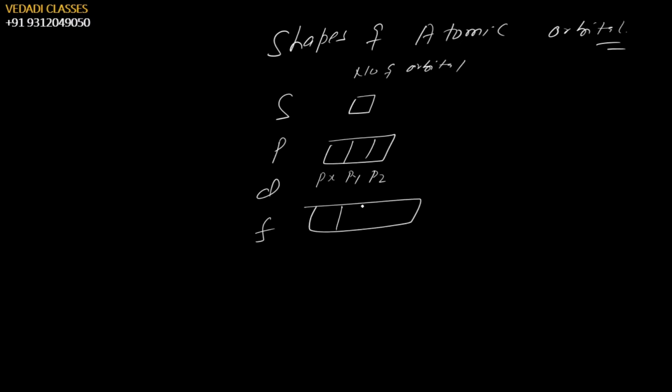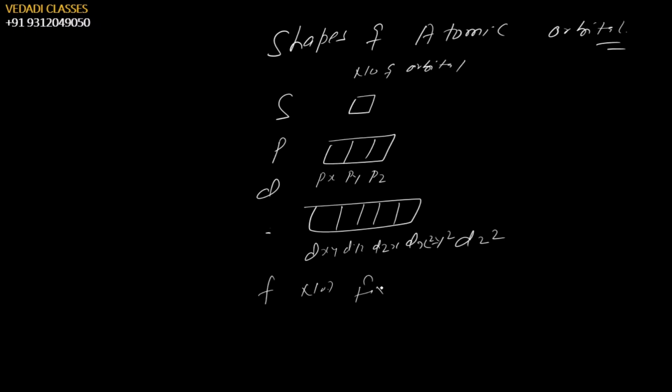D has 5 orbitals, named dxy, dyz, dzx, dx square minus y square, and dz square. Now, this is not a part of the syllabus, so we will not discuss it.